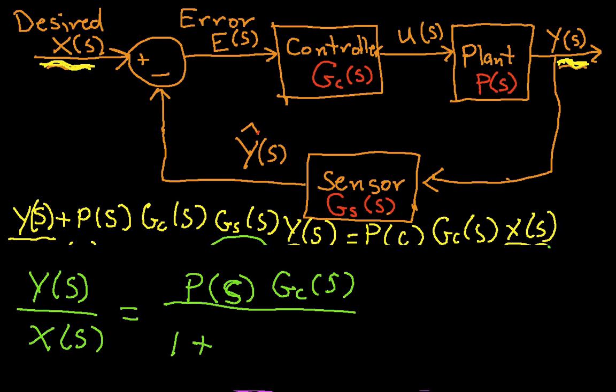I have no idea what happened there. 1 plus P of s, Gc of s, Gs of s. And there you have it. We have the overall transfer function in terms of the transfer functions of the different blocks that we've been looking at.